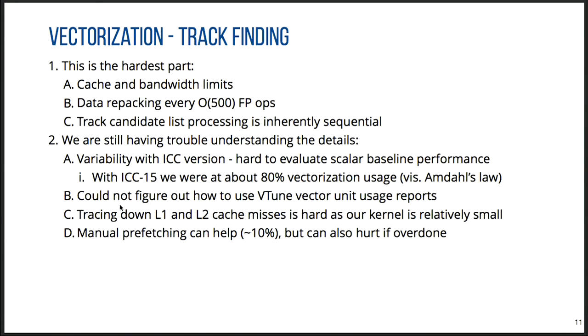We have different results with different ICC versions. Again, we're working with Intel and feeding back what was wrong, so that's constantly changing. We have a hard time figuring out how to use vector unit usage reports. Also, our kernels are extremely small, so figuring out what's happening with L1 and L2 caches is very problematic. We know that with manual prefetching we can get about 10%, but if you overdo it, you lose performance.